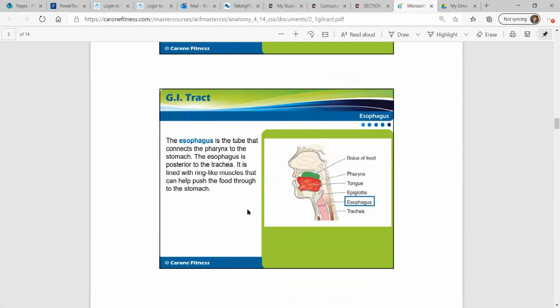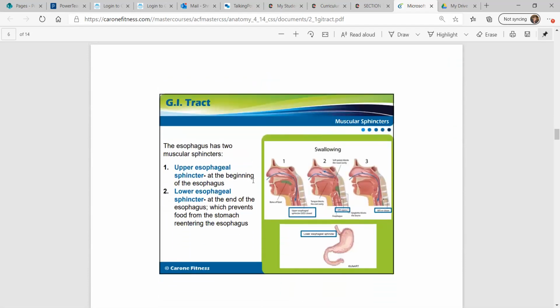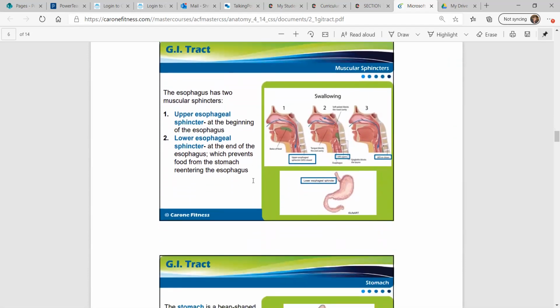The esophagus is the tube that connects the pharynx, or the throat, to the stomach. The esophagus is posterior to the trachea. It's lined with ring-like muscles that can help push the food all the way to the stomach. Or towards the stomach, at least.